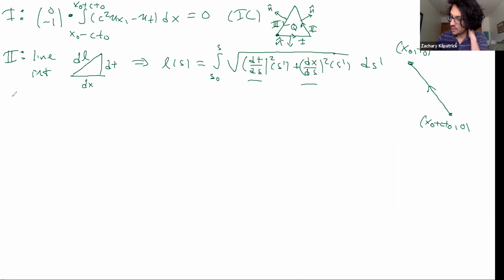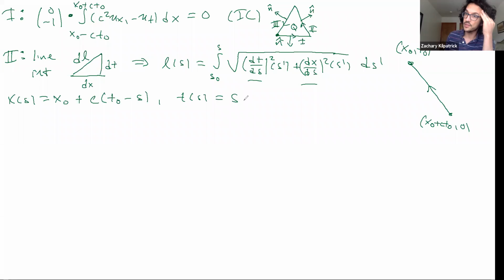So x of S I'm going to define as x0 plus ct0 minus S, and then S is going to terminate at t0. That's going to be my highest value of S along this parameterized segment. And t of S can just be S. I'm just assigning S to be my parameter here.